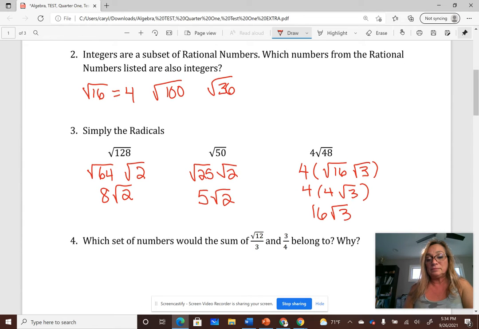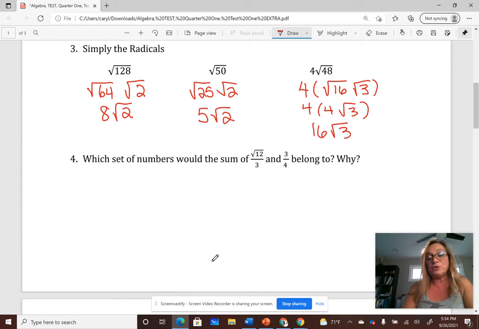Okay? All right. Which set of numbers would the sum of radical 12 over 3 and 3 over 4 belong to? Well, 3 over 4 is 3/4, and this is rational. The square root of 12 over 3 is irrational.